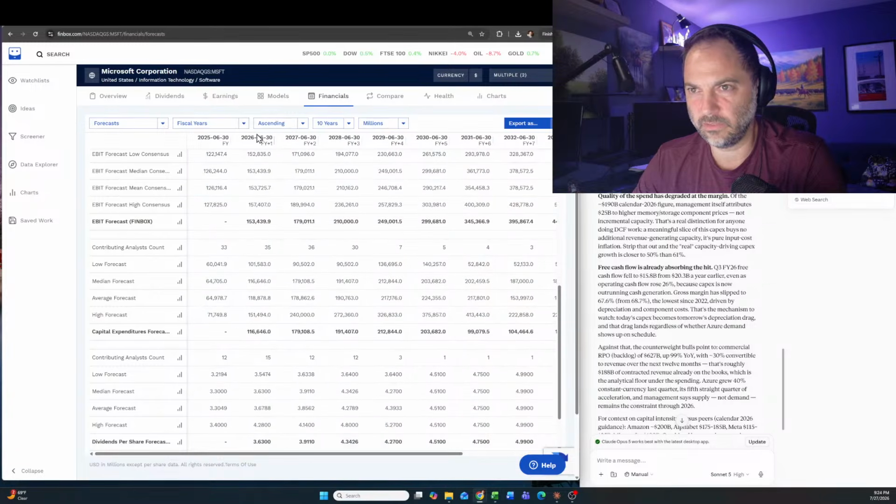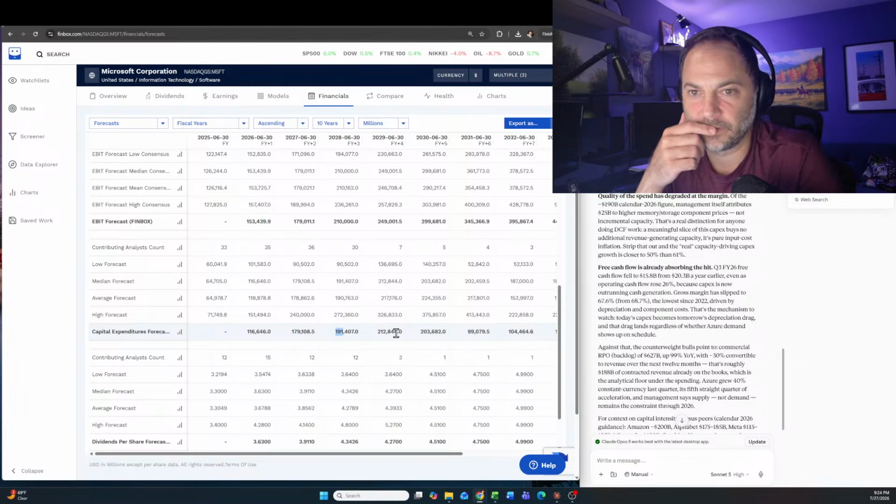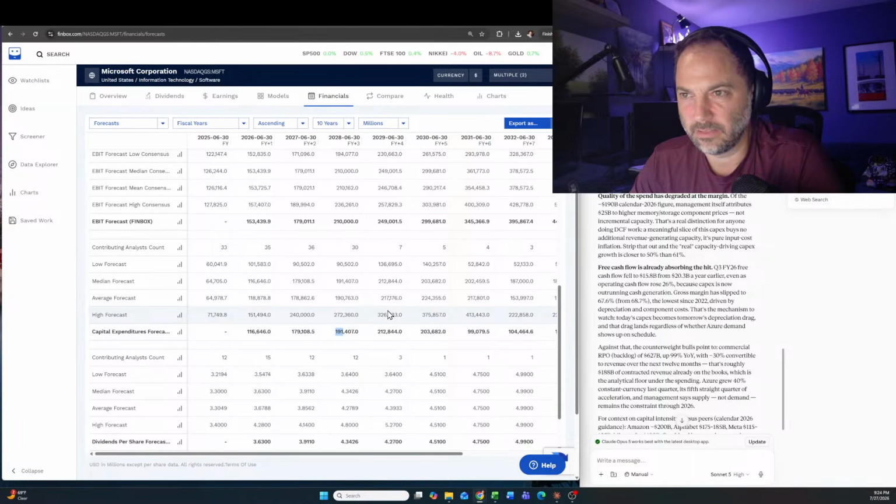So 2026 is the year. That's 116 billion. There you go. 180 billion in 2027, 190 billion in 2028, 200 billion in 2029 is the CapEx forecast.